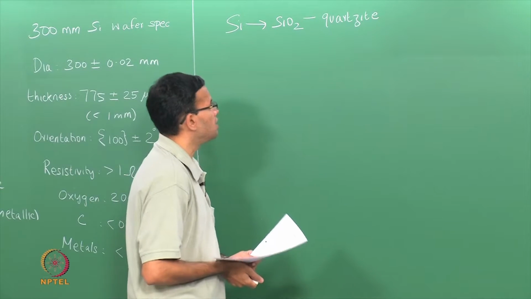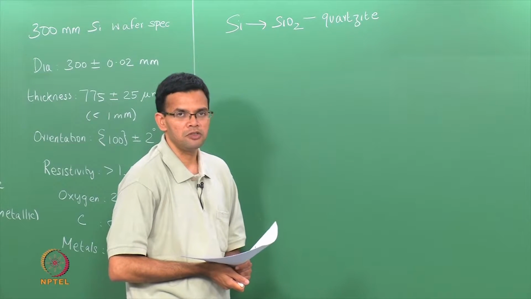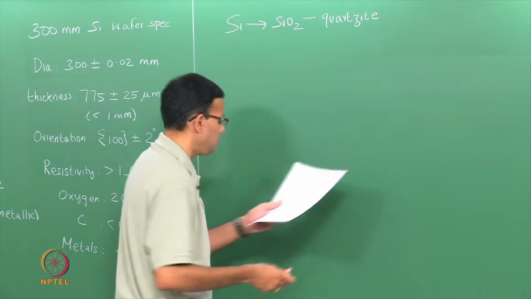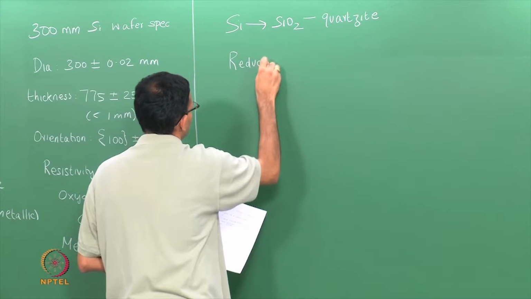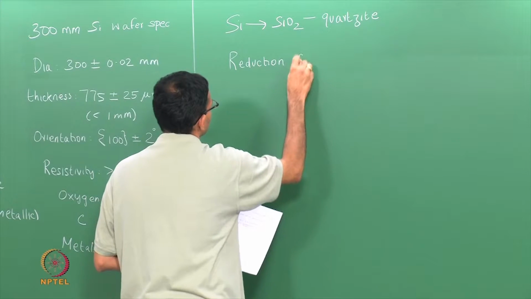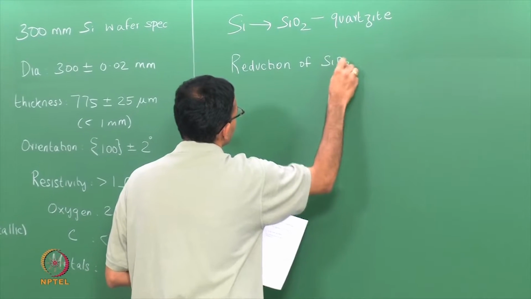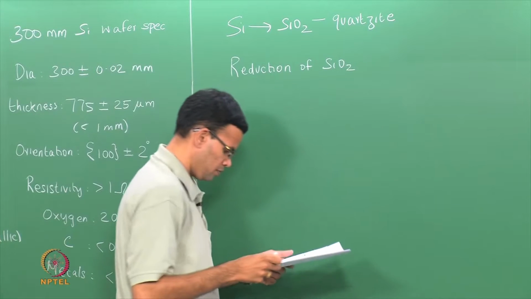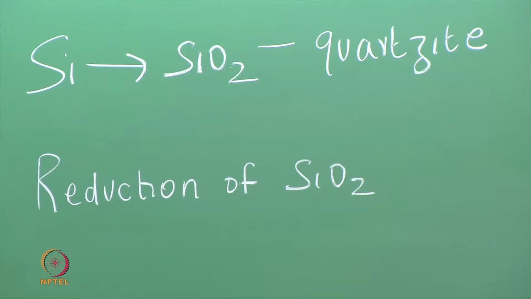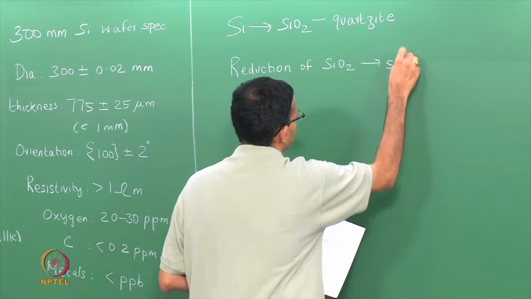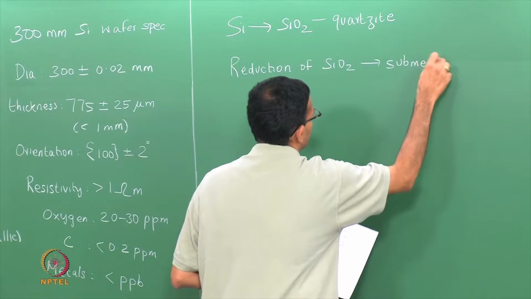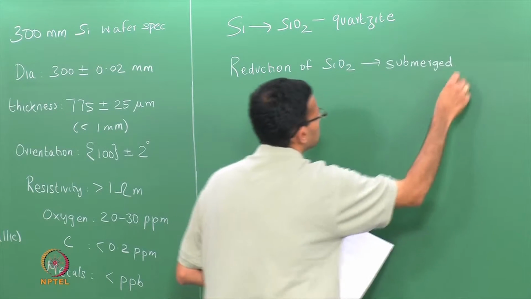So this ore SiO2 has to be reduced in order to get silicon. So the first thing is reduction of SiO2. In this case, quartzite is mixed along with carbon. Carbon is usually in the form of coke, and it is taken in a submerged electrode arc furnace.